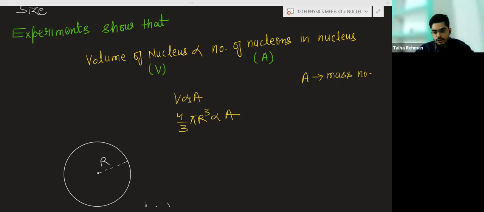So this is the volume of the nucleus, and this is the mass number. The volume of the nucleus depends upon the number of nucleons, meaning the mass number. So this is 4 upon 3 pi r cube.